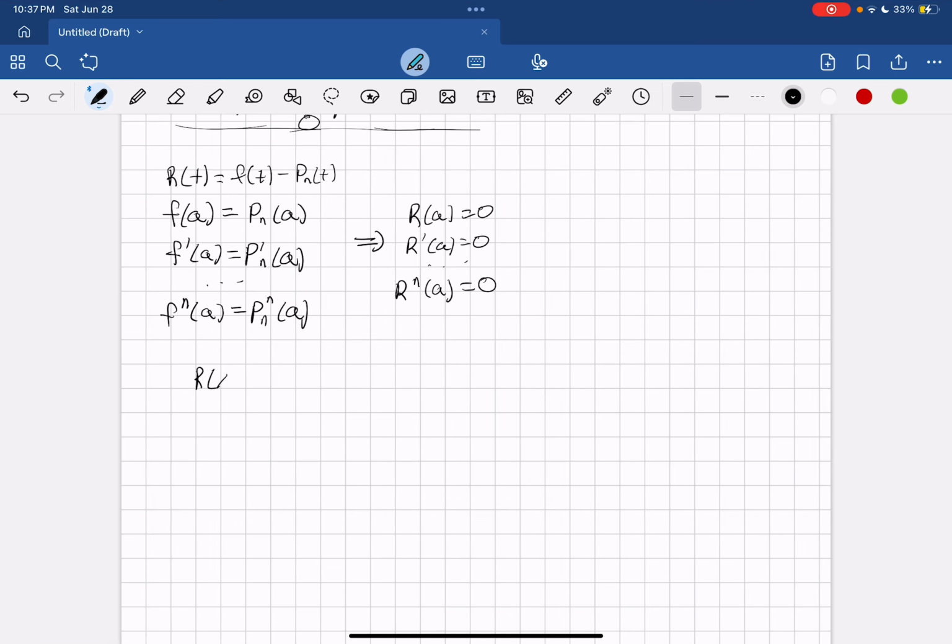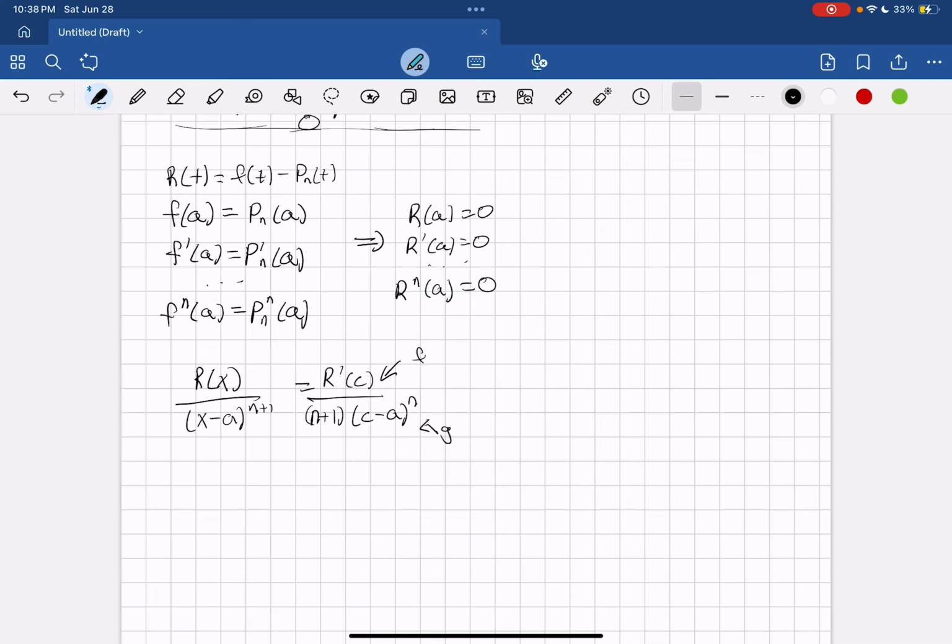So first, let's rewrite what we have so far by plugging in these 0 terms. So we get r of x on the top over x minus a to the n plus 1 equals r prime of c over n plus 1 times c minus a to the n. And now, with these new functions we have, we can apply Cauchy's mean value theorem again.